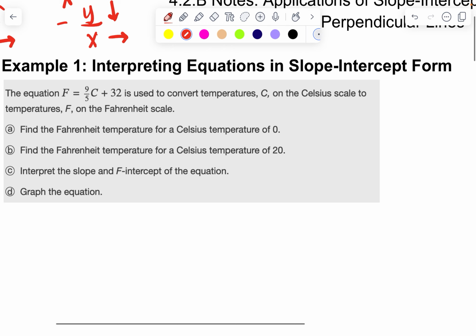So let's look here. The equation F equals 9/5 C plus 32 is used to convert temperatures Celsius to Fahrenheit. So first thing here, find the Fahrenheit temperature for a Celsius temperature of 0.